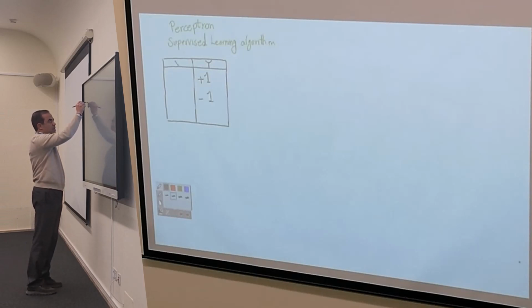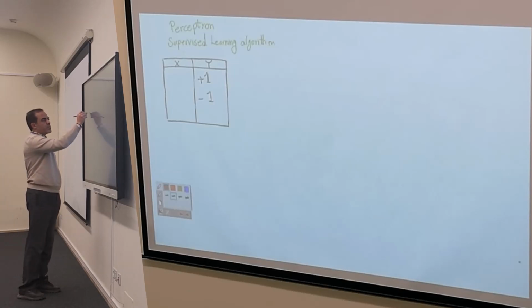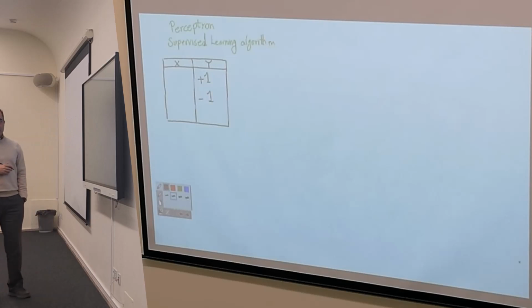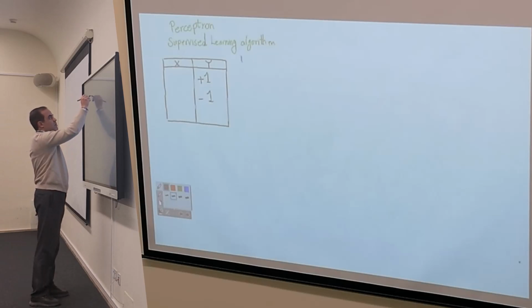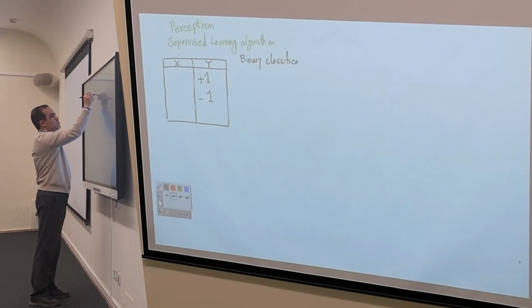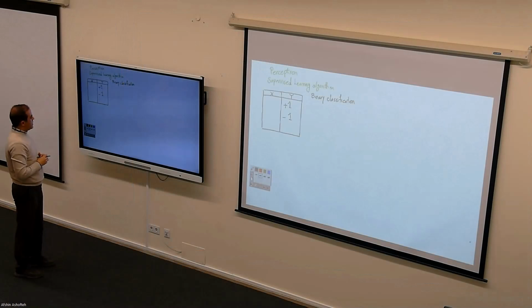So based on some characteristics that we can have as the x's, we want to find out about this response variable y. So this is a kind of binary classification problem that we want to solve.